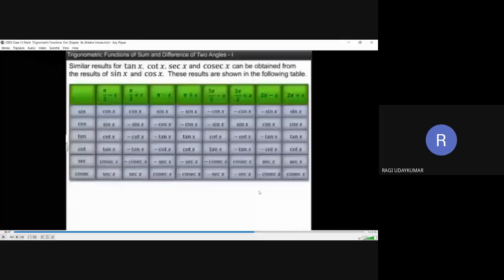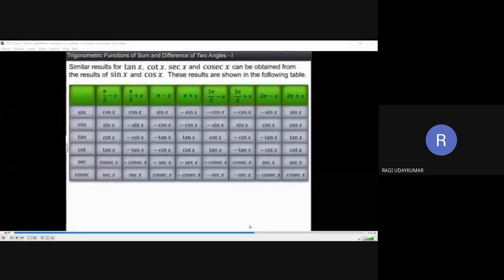Here I'm going to explain in another way to remember all these. Normally you can prove them, but to remember all this you can do it in another way also. So I'm going to share the screen and explain to you.